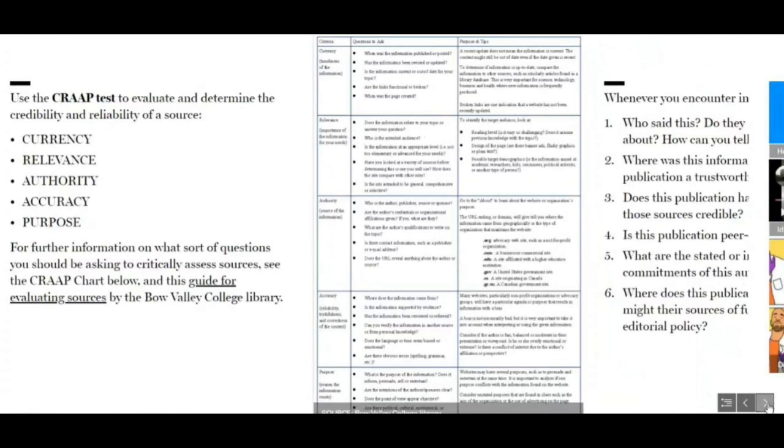Then lastly, you have to ask, what is the purpose of the information or the writing? What is the intention of the author or the publisher? What is the political affiliation or bias of the author or the publisher? Is the point of view of the writing clearly biased, and does it account for its own biases, or does it pretend to be completely objective or neutral while hiding biased or partisan affiliation?